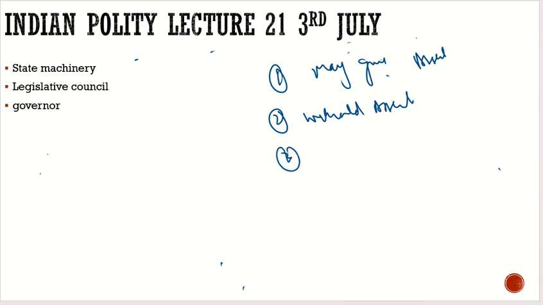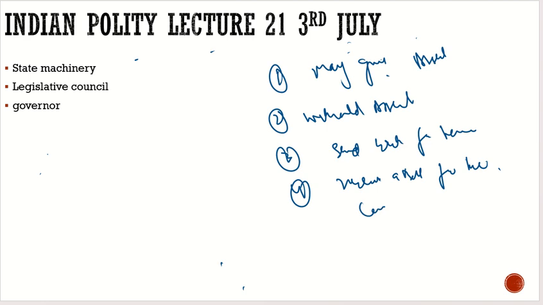Third, he may send it back for reconsideration. And fourth, the option available to him is to reserve the bill for the consideration of the president. So these are the options available to the governor with respect to the bills when they are passed by the legislative assembly or the legislative council.